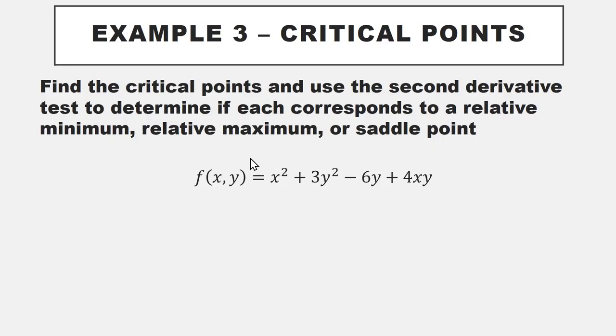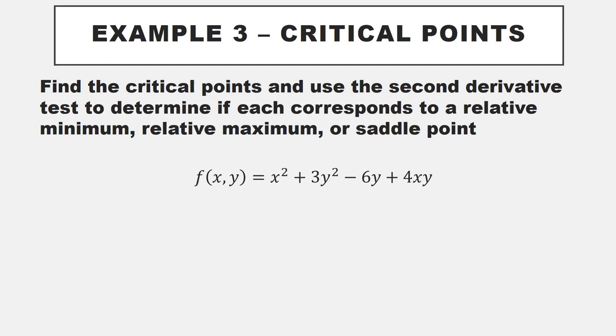All right, so let's look at another example. We're going to find critical points and use the second derivative test to determine if each of the critical points corresponds to a relative minimum, a relative maximum, or a saddle point.